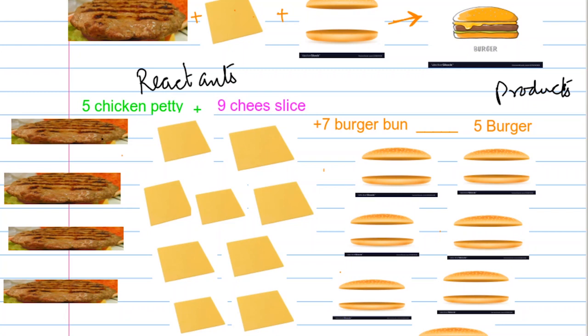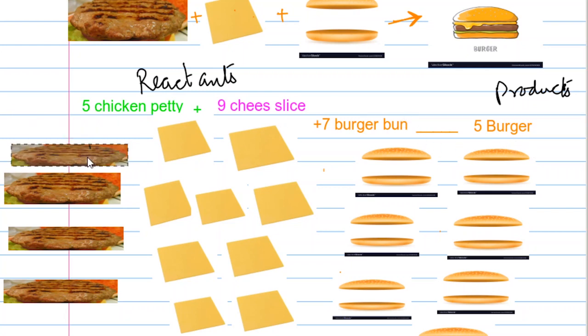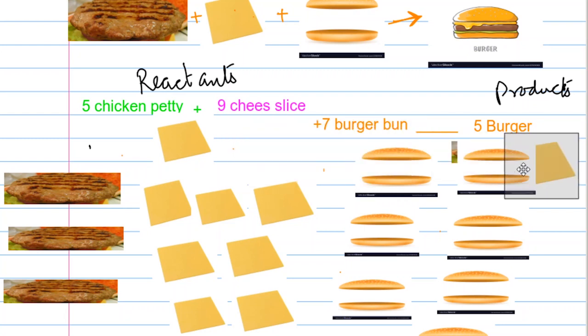If we have 5 chicken patties, we will prepare these burgers. I will insert one chicken patty and one cheese slice in the first burger.